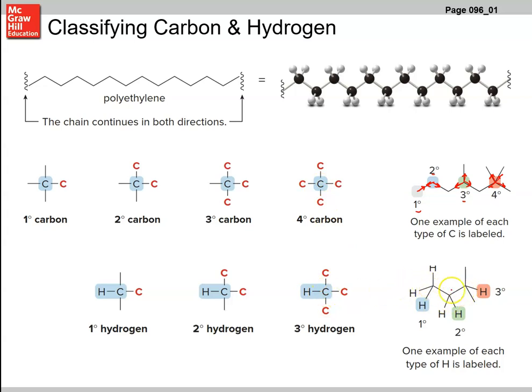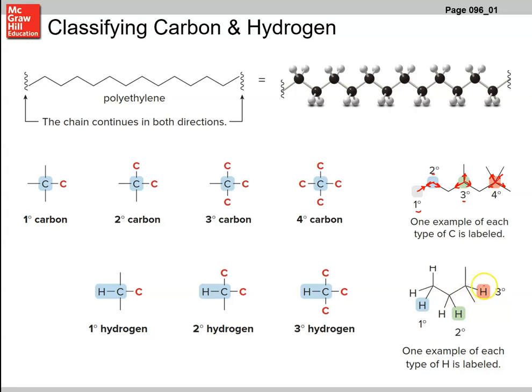And this is just more examples, where this carbon here is attached to this. Those are primary hydrogens because the carbon is attached to just one other carbon. In the middle here, this carbon is attached to 2 other carbons, so these hydrogens are secondary. And then here, this carbon, we have a carbon and a carbon and a carbon.